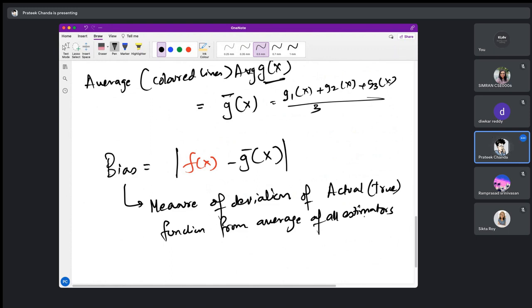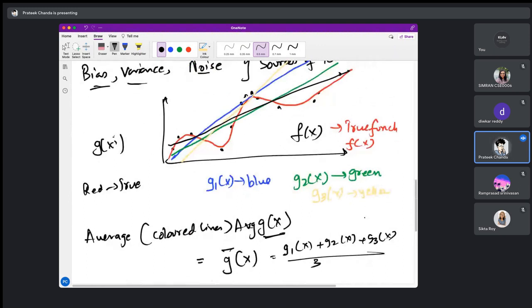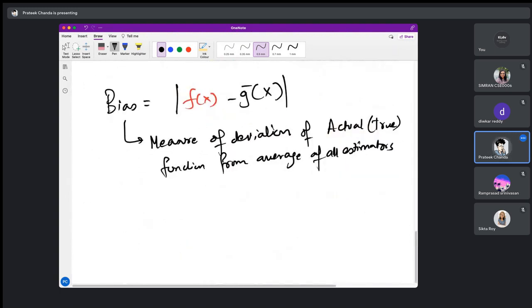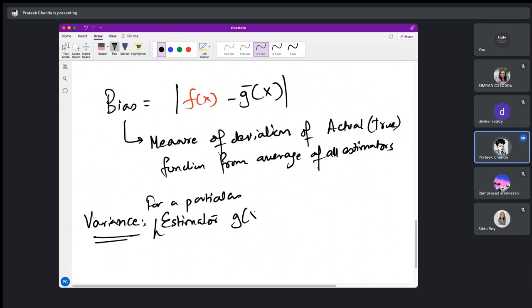This g1, g2, g3 can all be varied by varying the values of the w parameter. Now I go to variance. Variance is a measure of how much a particular estimator, g of x, for example g1 or g2, varies.